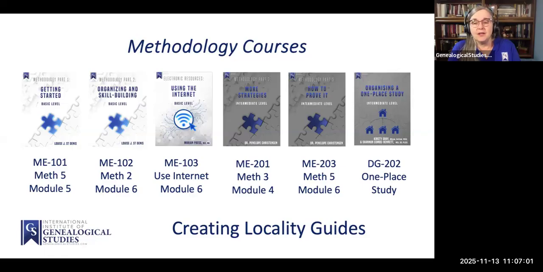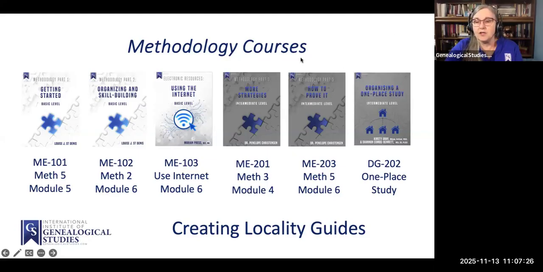This is a topic we need to be implementing for the locations where we do our research. These are the courses, and you can take a screenshot of it if you want. These are all the courses and which modules in those courses talk about locality guides.